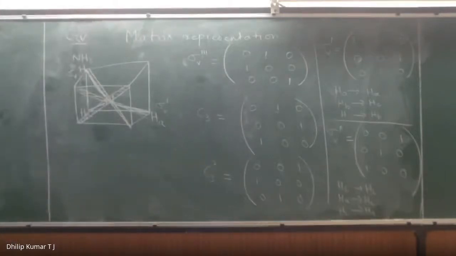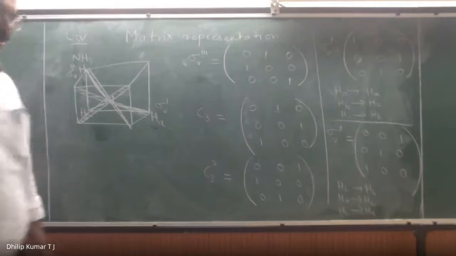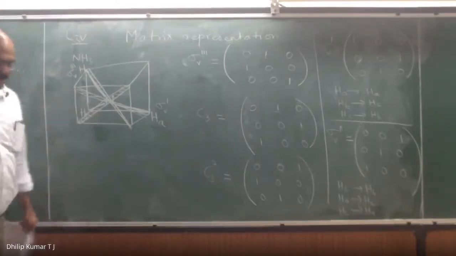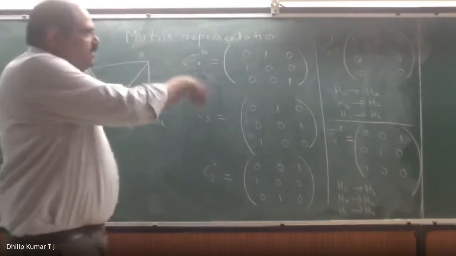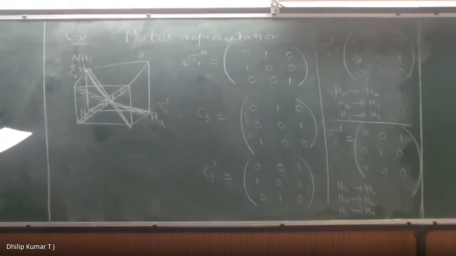Now, the group properties or group multiplication table, which you have worked out earlier, right? By rotating the atoms or molecules, it is also valid with these representations. You can check. Say if you want to take the product of C3 and sigma V triple prime, you should get sigma V prime.